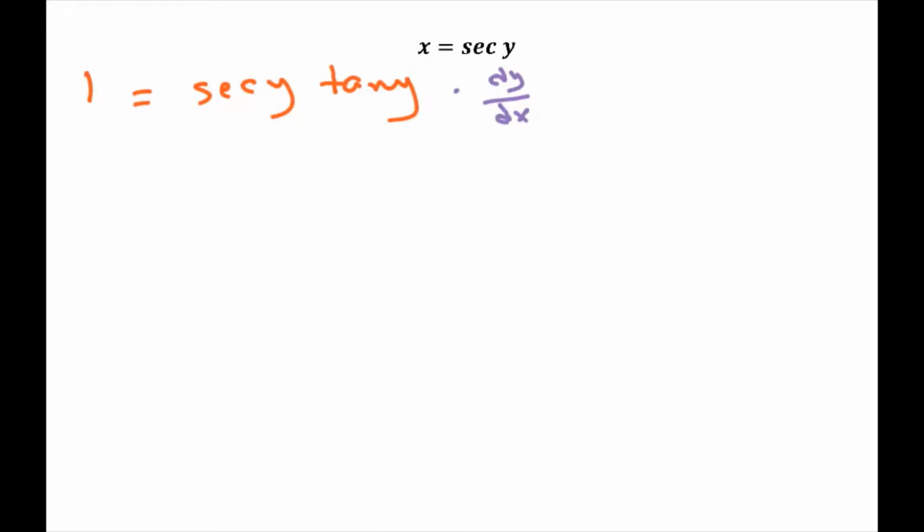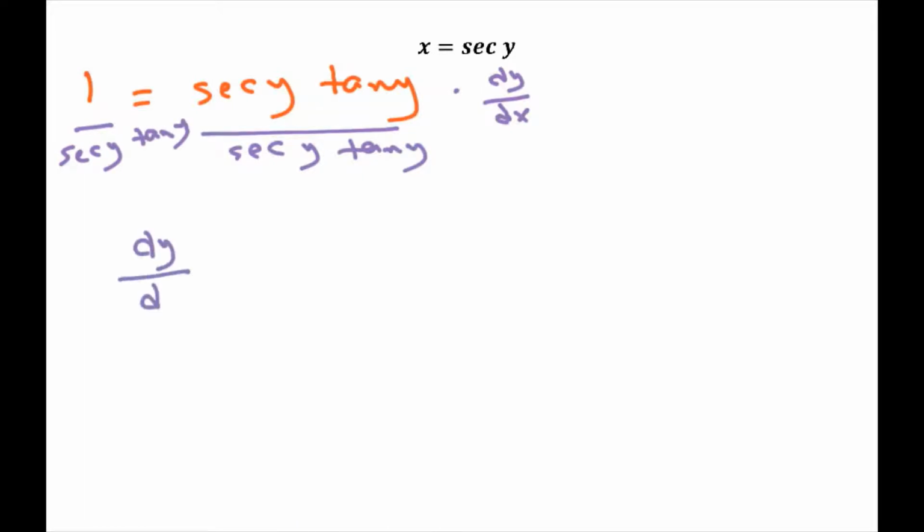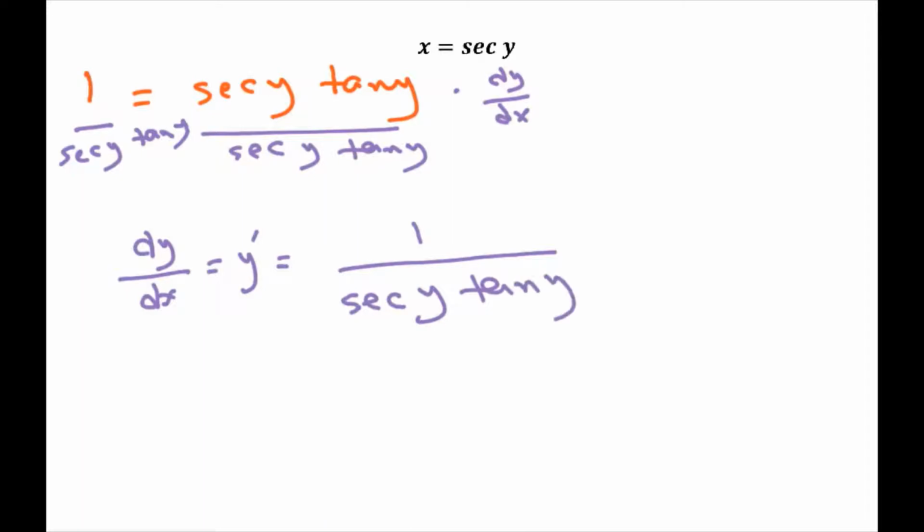Now, since I want to isolate dy over dx, I'm going to divide both sides by secant y tangent y. So what is left? dy over dx, or you can call it y prime, equals 1 over secant y tangent y.